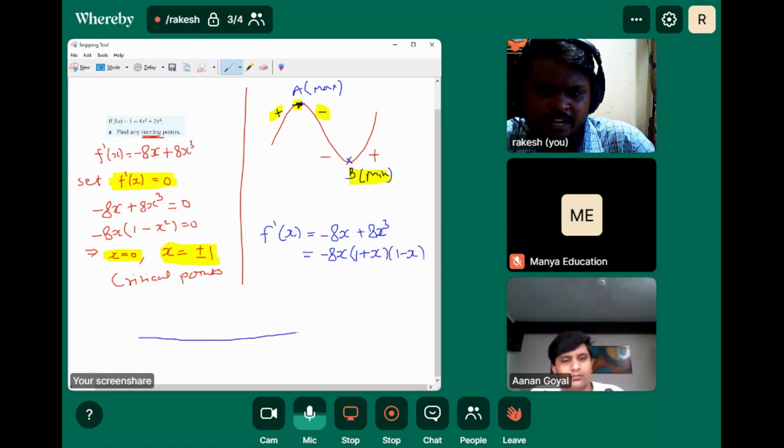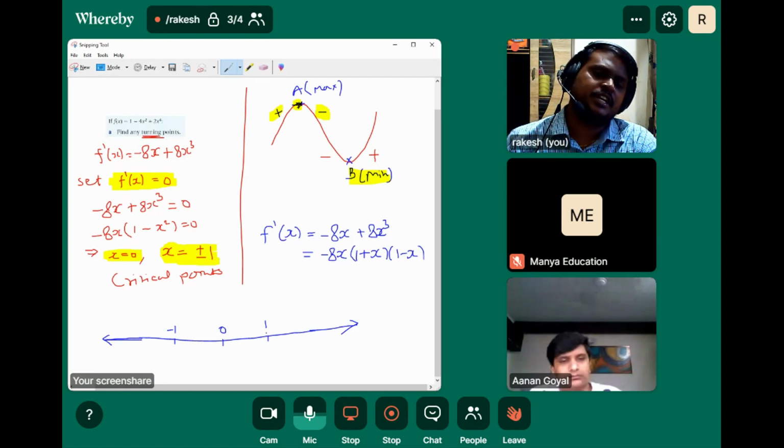Okay, so we have x is equal to 0. Let's say this is x is equal to 0. x is equal to minus 1. Let's say this is minus 1. And x is equal to 1. Okay, this is a number line, we can say.